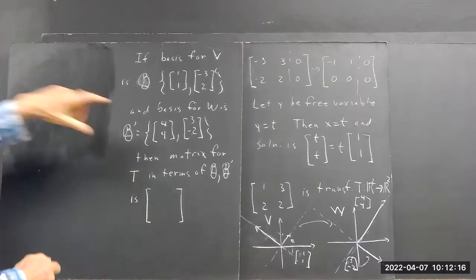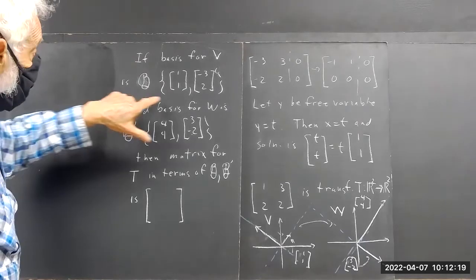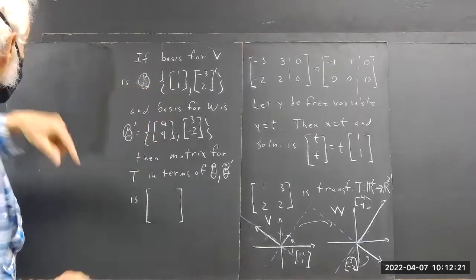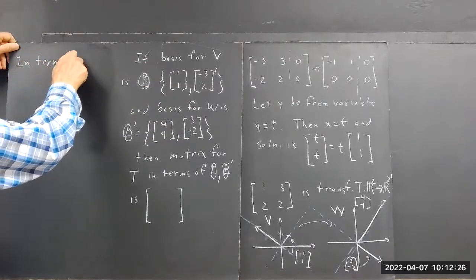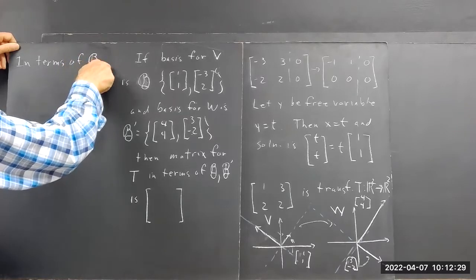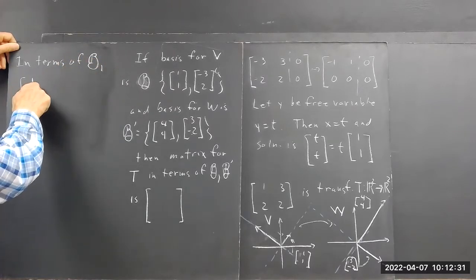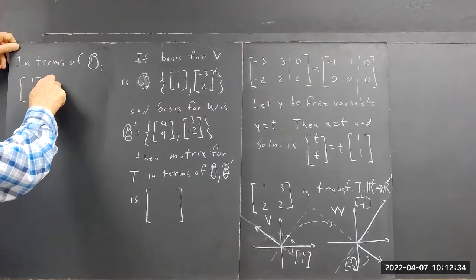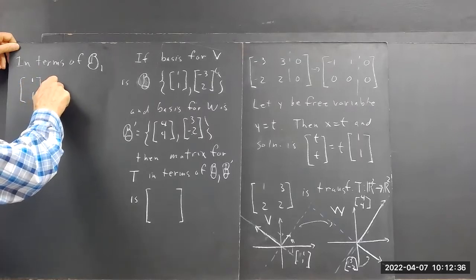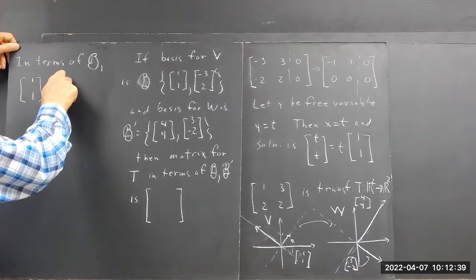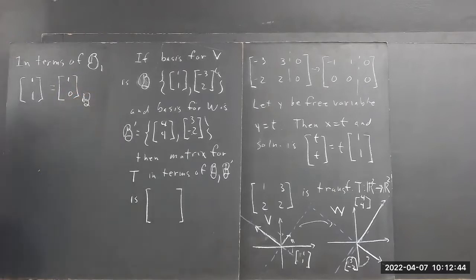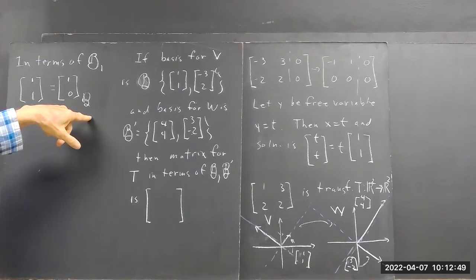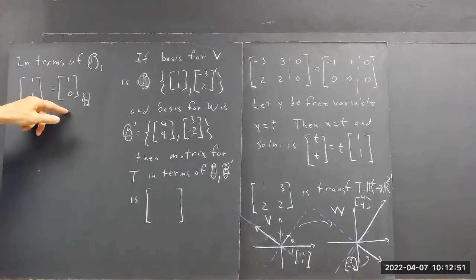Okay, in terms of this basis B, the vector 1, 1 is the 1, 0 vector in terms of B. Okay, because what does 1, 0 mean?